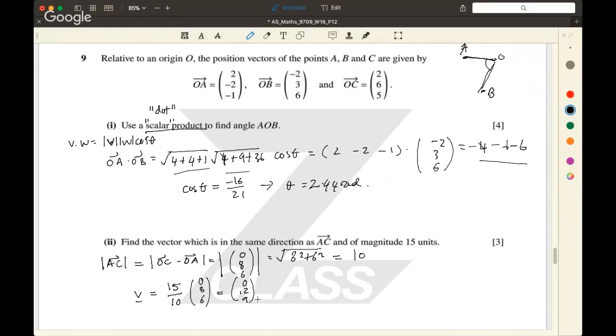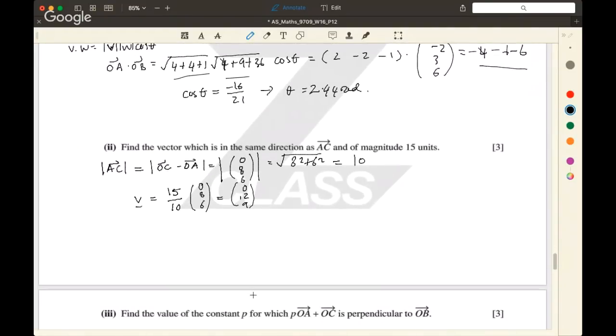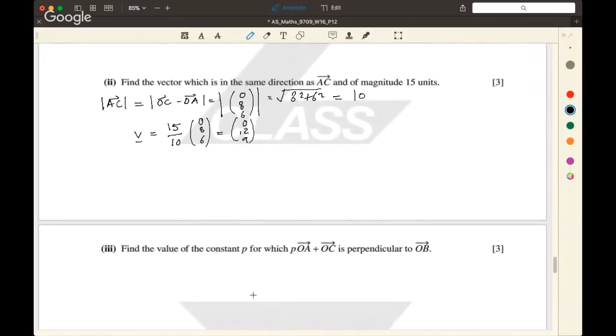And that is exactly the thing. So you know that this is in the same direction as AC, because it's just some number times AC. And if you took the measurement of its magnitude, you would find that its magnitude would be 15.